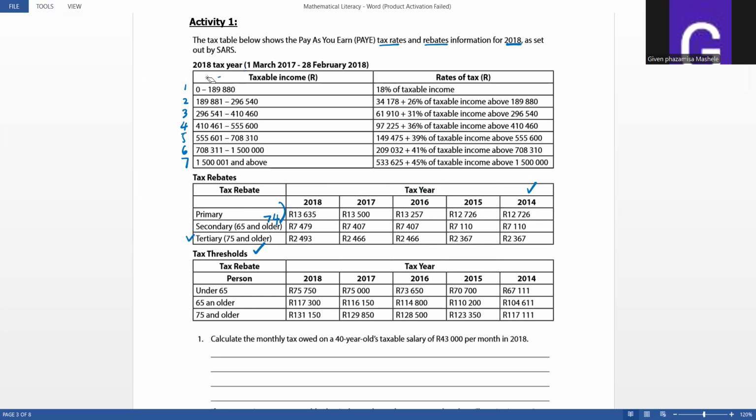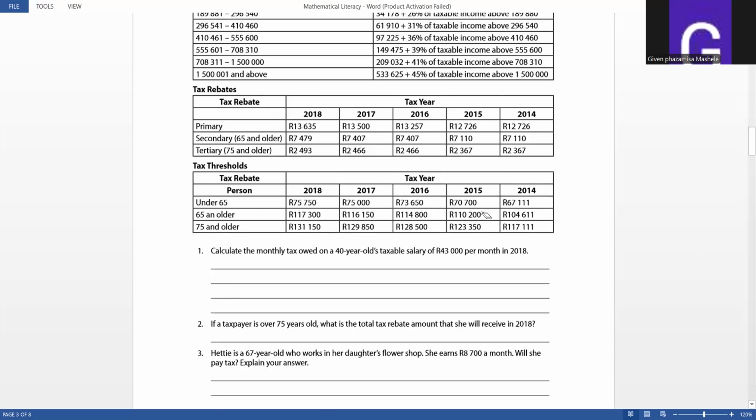So remember, the tax tables change on a yearly basis. Right. If you look at this one, it says calculate the monthly tax owed.